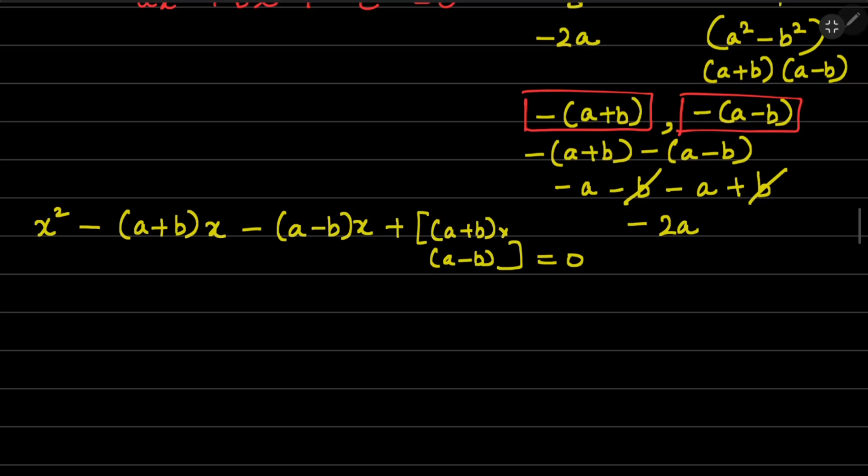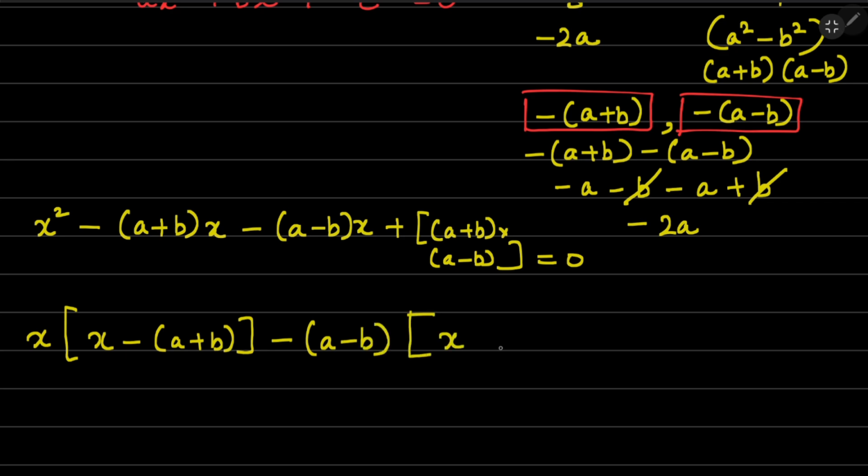Now from the first two terms, I can take x common, leaving x minus of a plus b. From the third and fourth terms, I can take minus of a minus b common, and inside what remains is x minus, because minus into minus gives plus, and here what remains is a plus b, equal to 0.